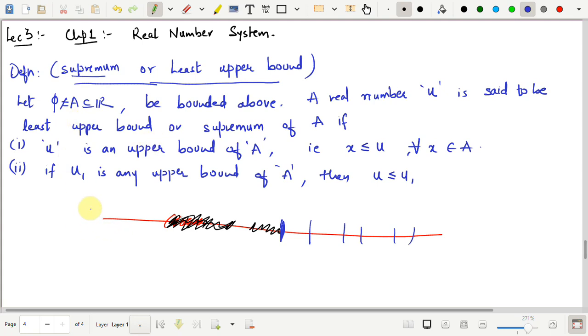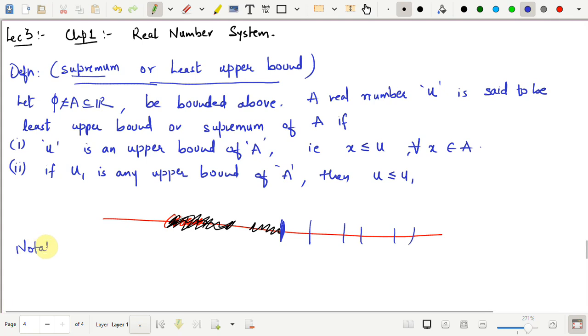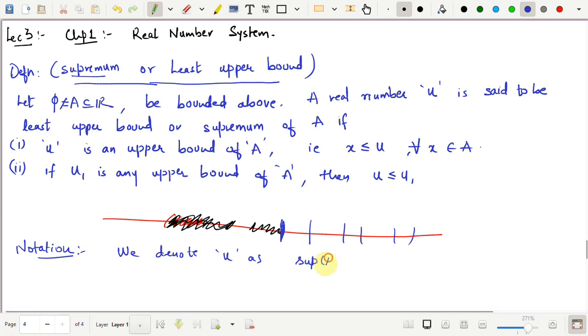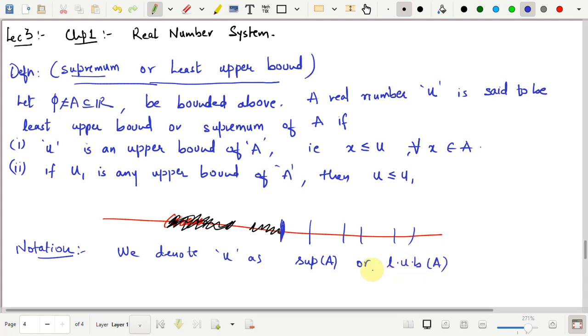Now it is denoted by the notation: we denote the supremum u as sup of A or LUB of A. These are the two notations that are used to denote the supremum of a given set.